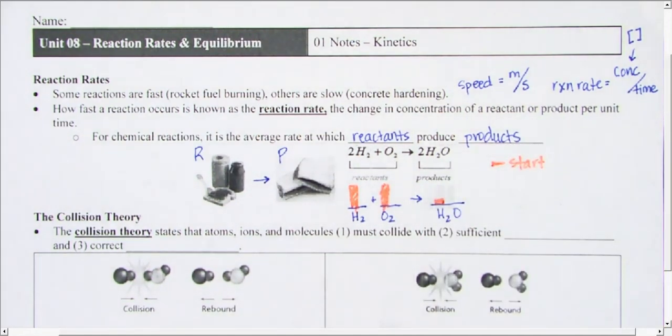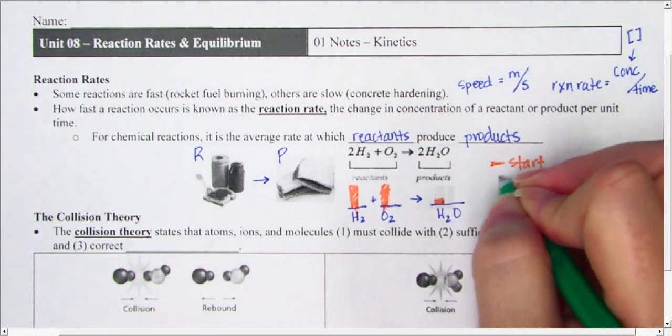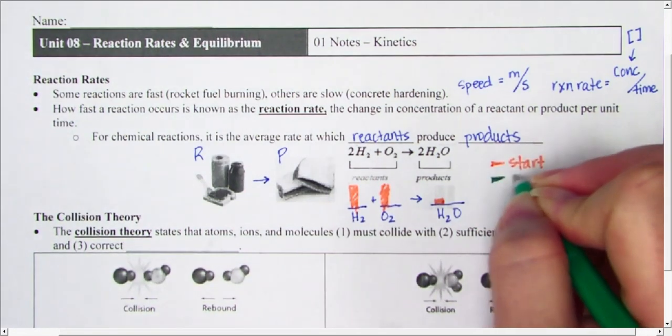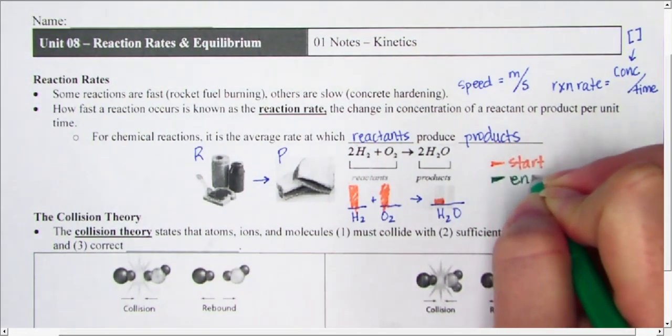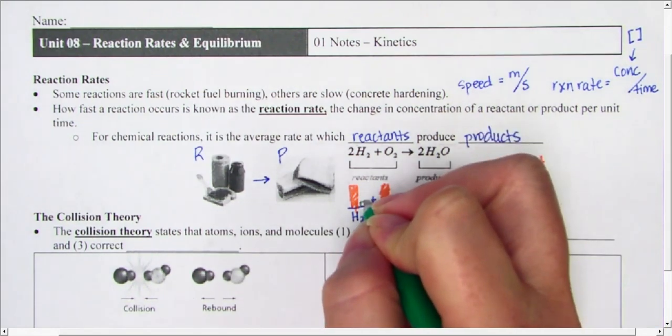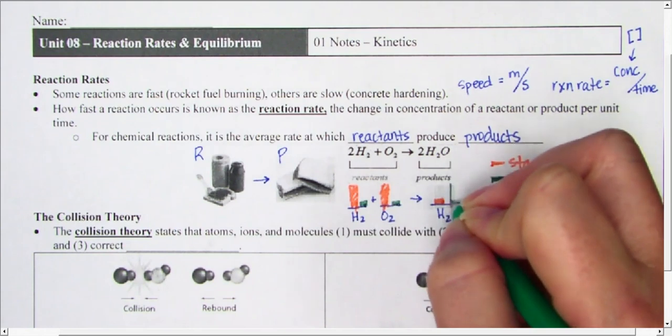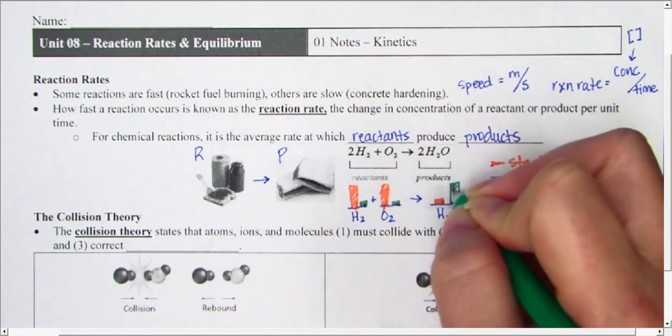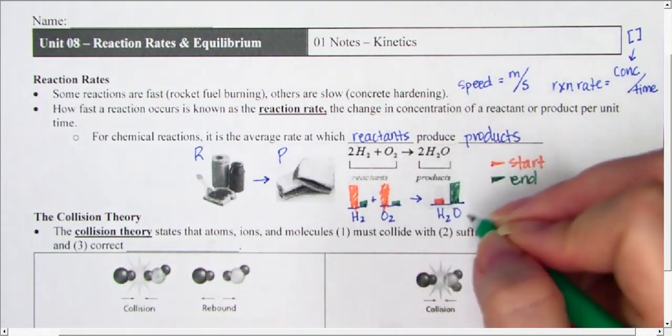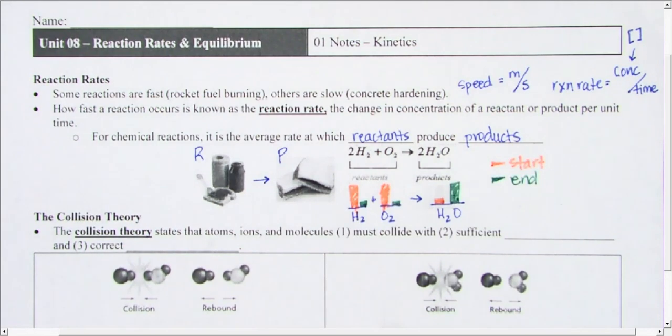At the end of the reaction, our reactants have been used up, so we have very little of that left, and we have product that has been made. How fast this happens is known as the rate.